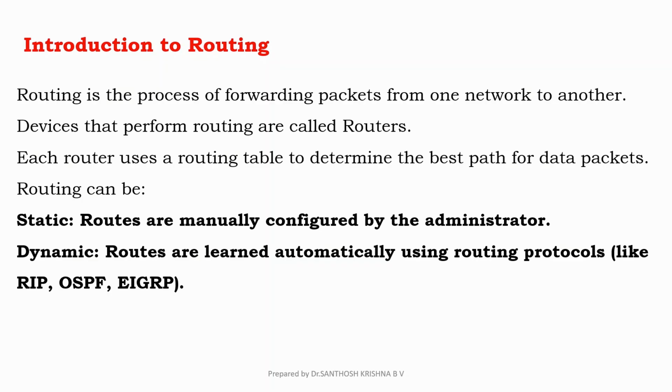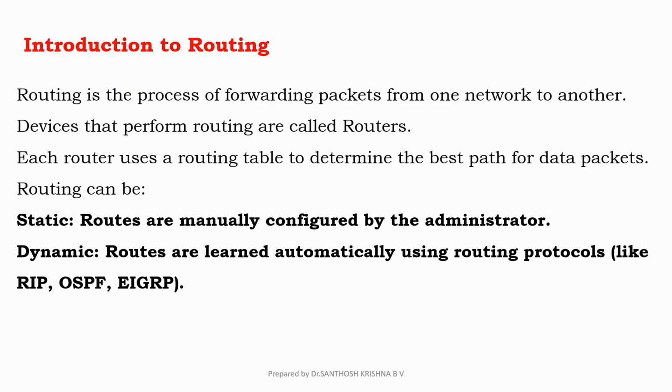It is of two types. One is called static routing, the other is called dynamic routing. Static routing is manually configured by the administrator, whereas in dynamic routing, the routes are learned automatically using routing protocols. Some of the popular routing protocols are RIP, OSPF, EIGRP, BGP.